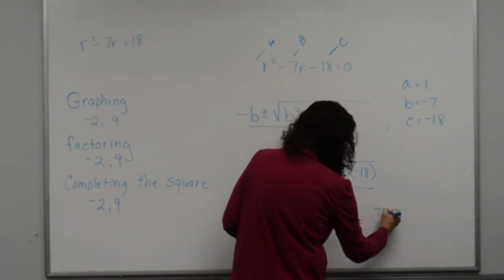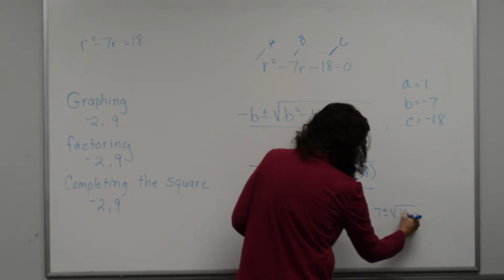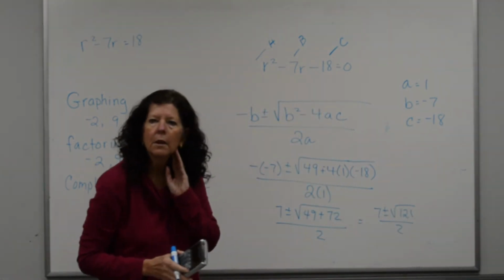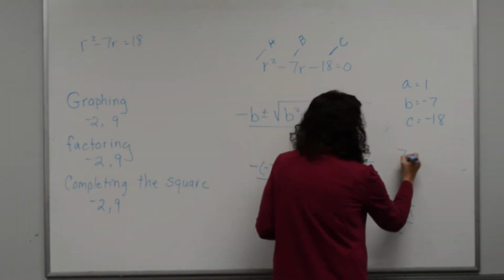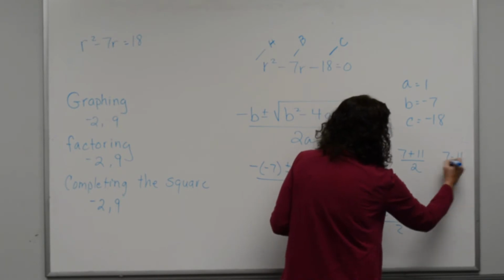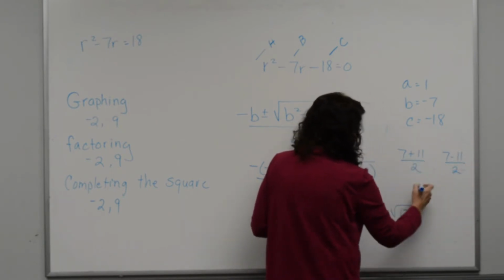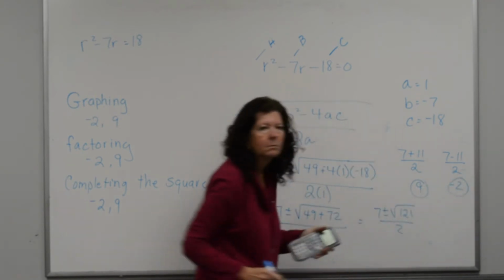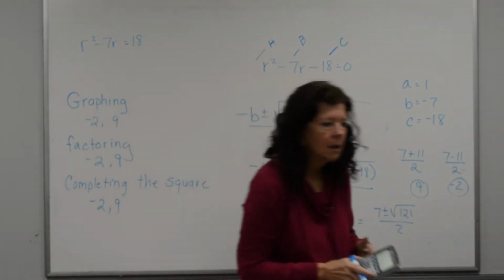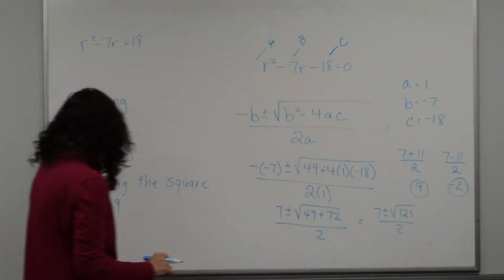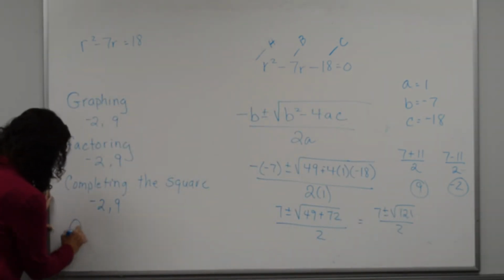So I have 7 plus or minus the square root of 121 over 2. What's the square root of 121? 11. So I have 7 plus 11 over 2 and 7 minus 11 over 2. So that's going to give me my 9, and that's going to give me my negative 2. Works every time. Okay? Notice 4 different ways of doing the exact same thing.